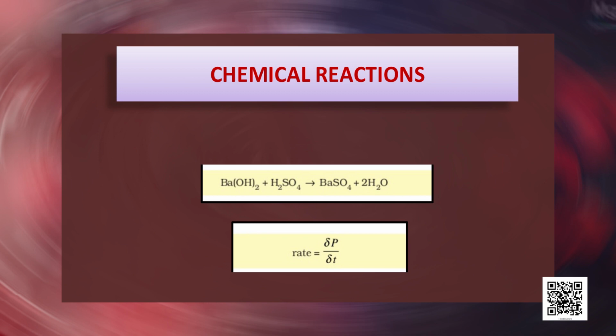It is determined by the amount of product formed per unit time, that is delta P divided by delta T. Substrate concentration, temperature and the presence of enzyme or catalyst are some of the main factors which affect the rate of a reaction. Rate of a chemical reaction doubles for every 10 degrees Celsius increase in temperature.